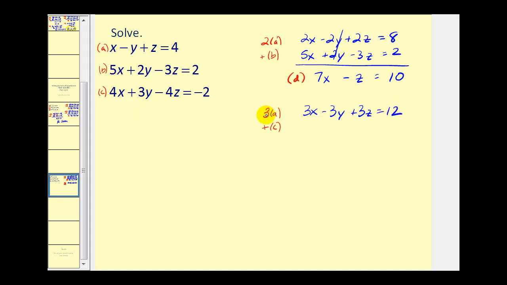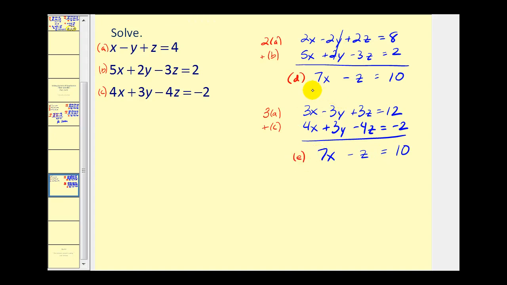And equation C stays the same, 4x plus 3y minus 4z equals negative 2. Adding these together, we have 7x, 0, minus z equals 10. We'll call this equation E.